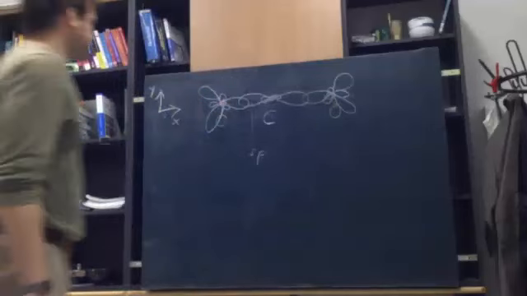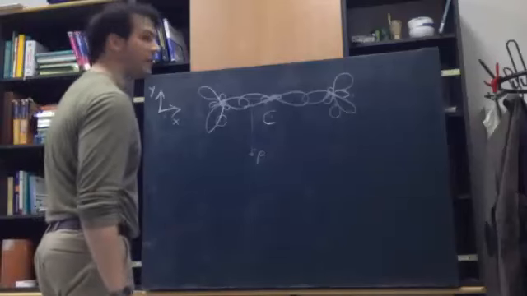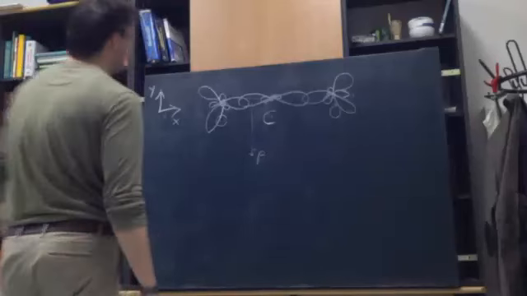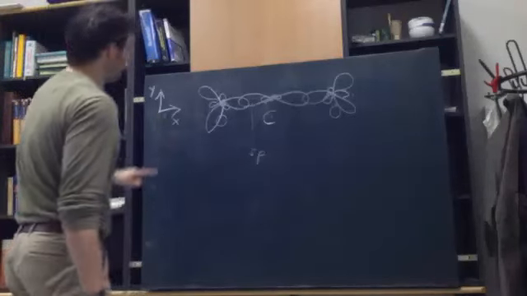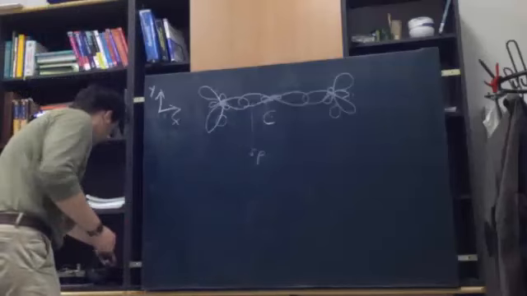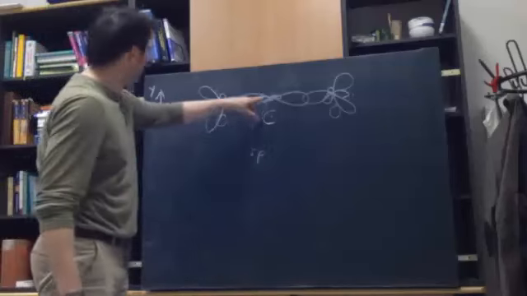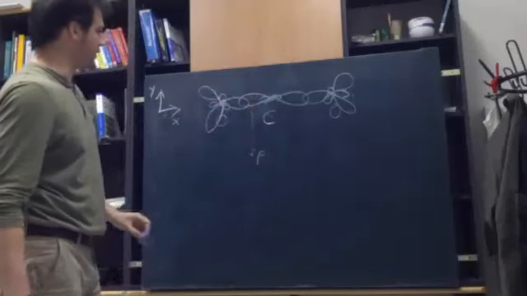Now, what else do we have? We have electrons in the system that still have to go into some bond. What we haven't touched yet are the py and the pz orbitals here.